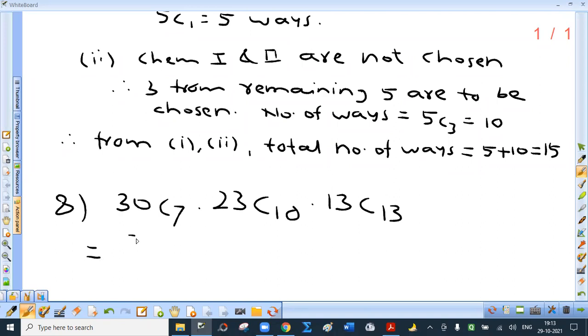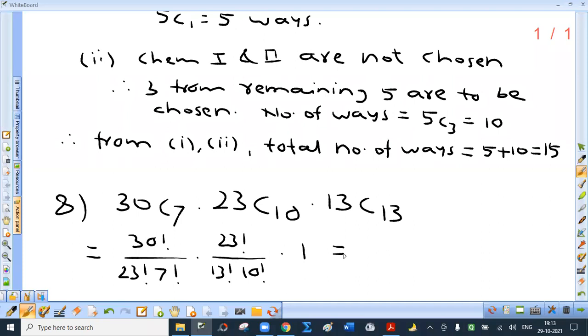Now 30 C7, 30 factorial upon 23 factorial into 7 factorial into 23 factorial into 13 factorial into 10 factorial, and this is nothing but 1. So if you simplify this, what remains is 30 factorial upon, denominator, 7 factorial into 10 factorial into 13 factorial, because 23 factorial gets cancelled.